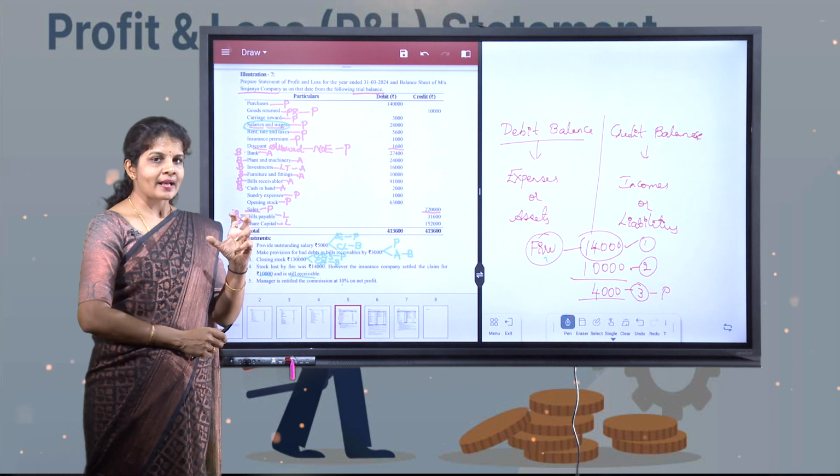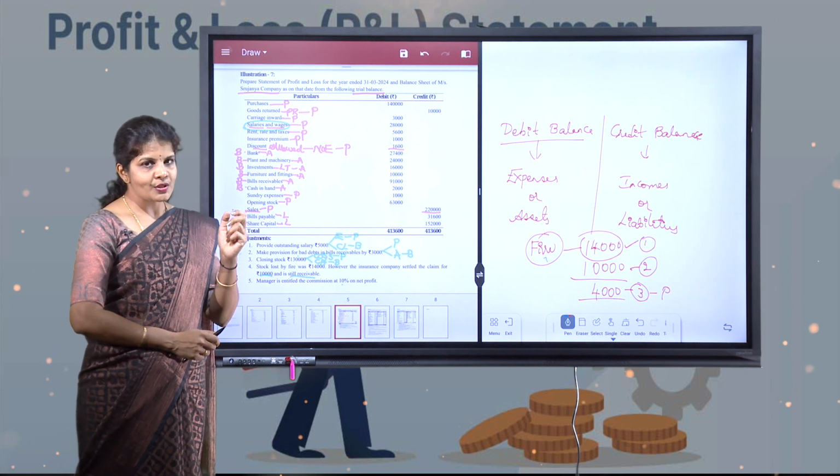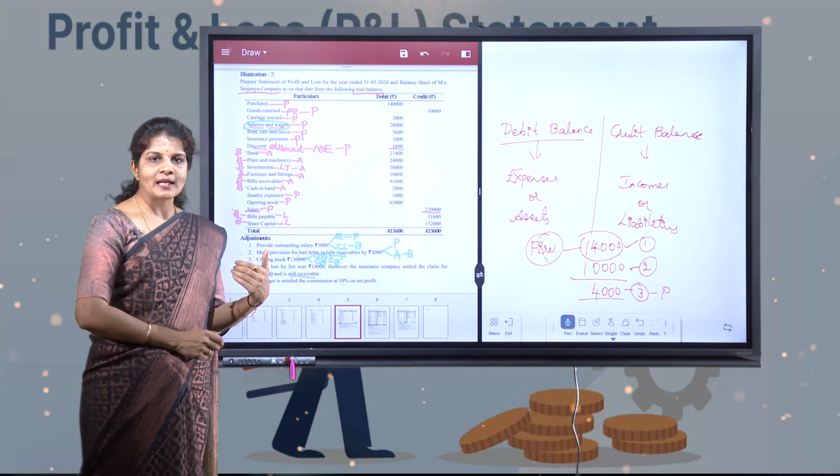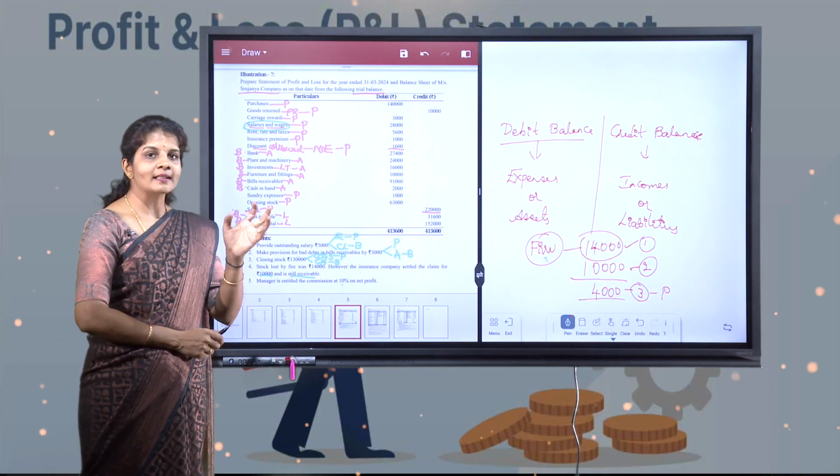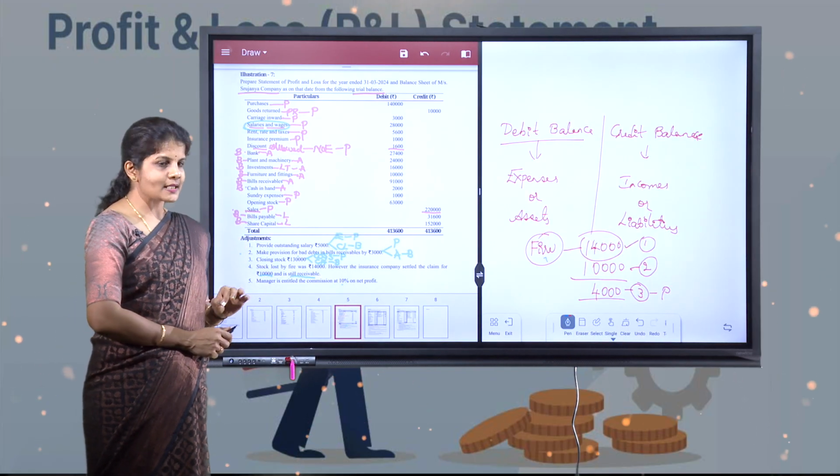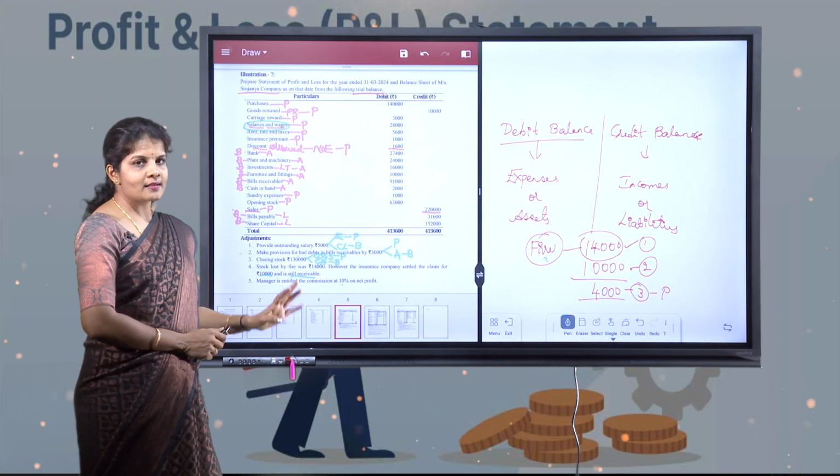So when there is a manager's remuneration or commission before net profit or after net profit, there will be an adjustment accordingly.